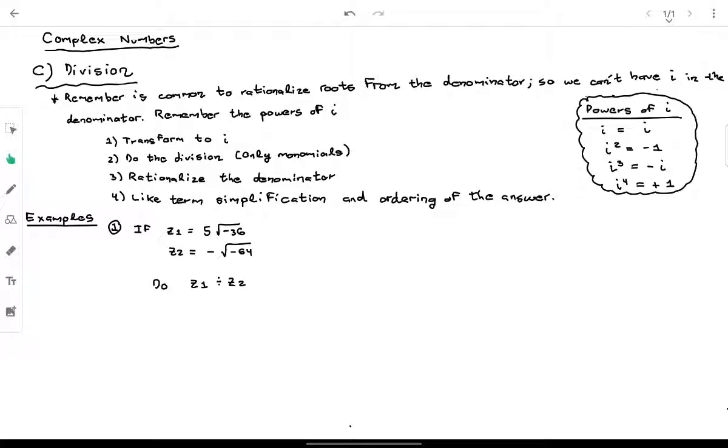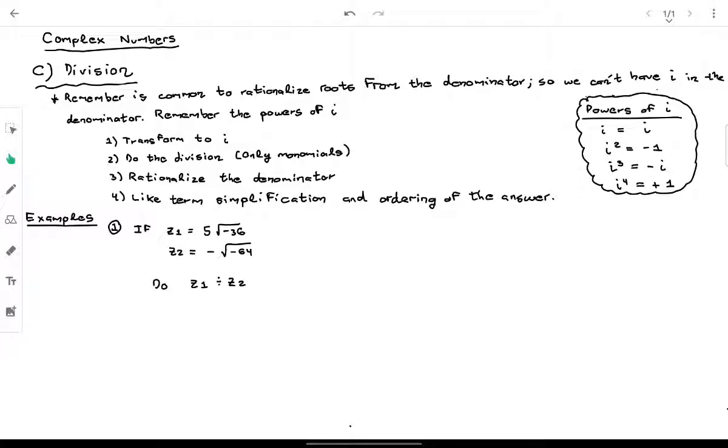If it's not possible, the second step is that we need to rationalize the denominator, because we will have i's on the denominator. And after rationalizing the i, we will be able to do like term simplification and ordering of the answer. So it's not very difficult, but let's see how to do it.